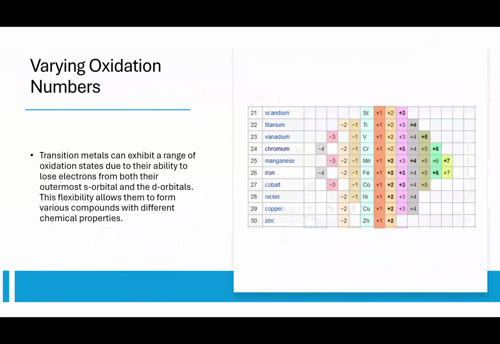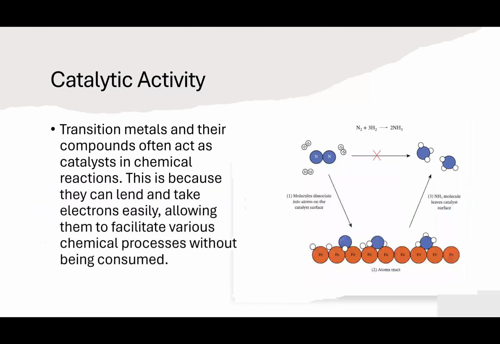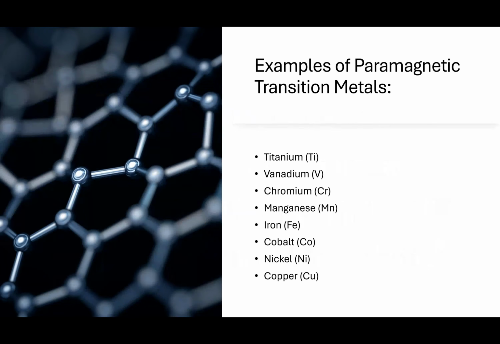So for the characteristics that the syllabus outlines, we must outline the oxidation numbers, the variant oxidation numbers, complex formation, colored compounds, catalytic activity, and the magnetic properties, right? And all of that is in objective 5.2, which we just covered. Moving on, these are just the examples of paramagnetic substances.